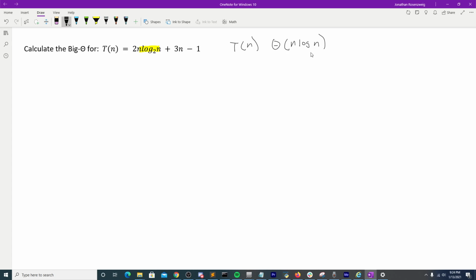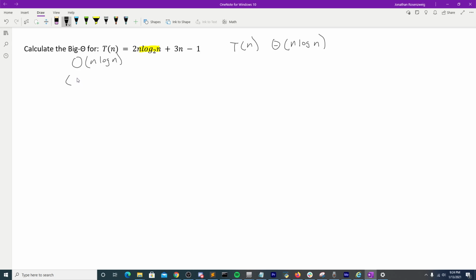And I'm not going to write the base, but all of these logs are base 2. So we'll start out by proving O of n log n. And so first we want to choose a suitable c value. So once again, the coefficient in front of our f of n is 2. And so for O of n, we want to choose a c value that's greater than our coefficient.